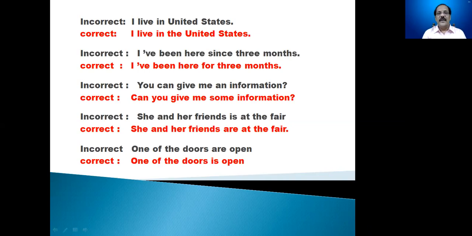So these two examples, she and her friends, one of the doors, are on agreement between subject and verb. As we discussed earlier, the corrections may be in agreement between subject and verb, tenses, punctuation, some parts of speech and all that. If you look at the first example, it is on the part of speech, the article. Then I have been since is an example for a preposition.